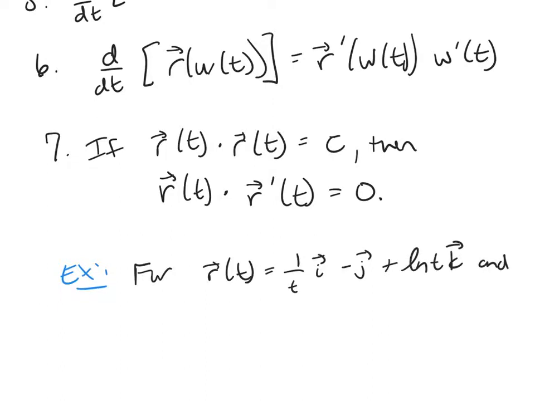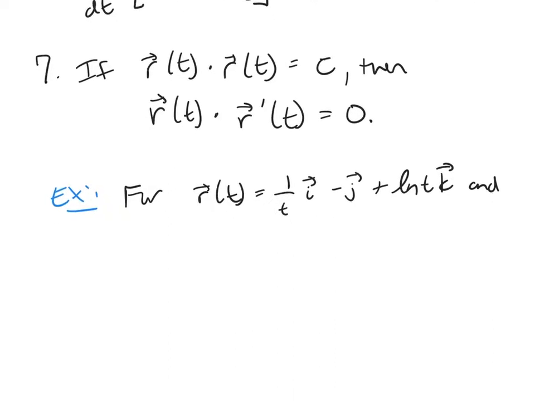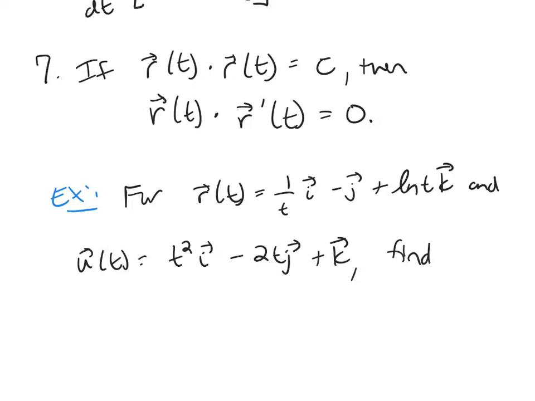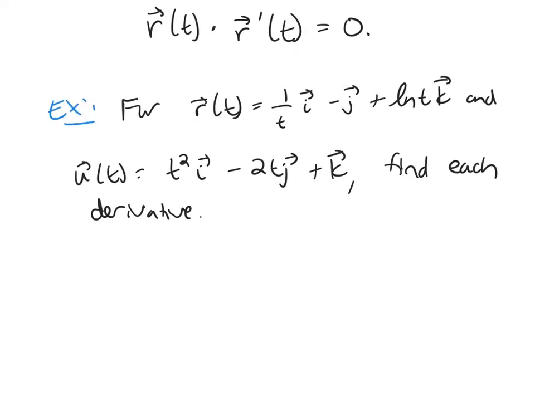And the function u is going to be t squared i minus 2t j plus k. Find each derivative. So the first one is going to be find the derivative of r dotted with u of t.